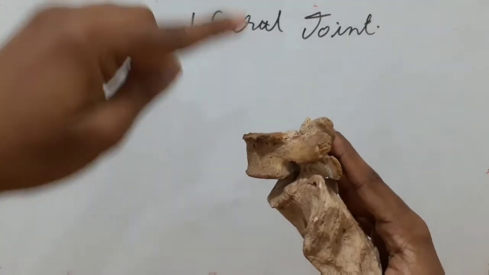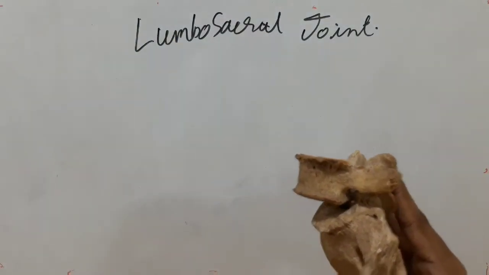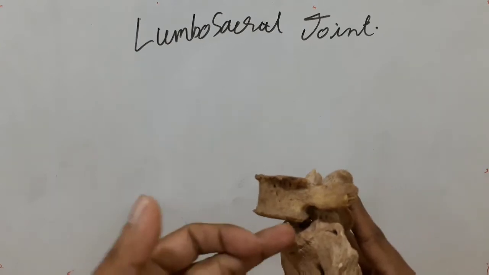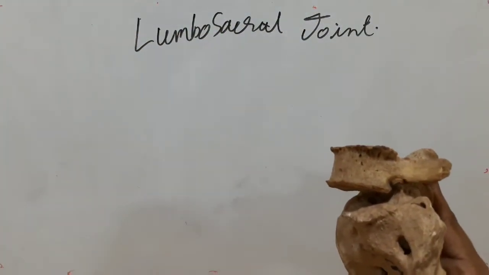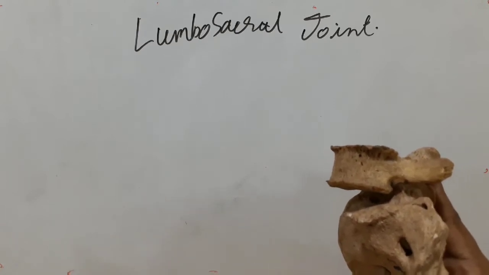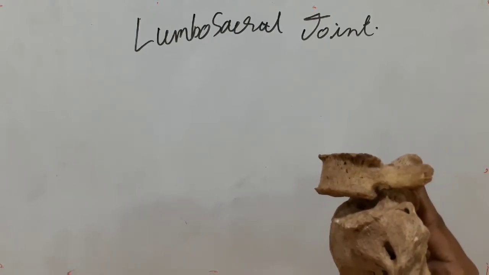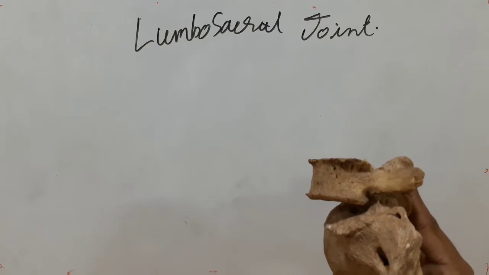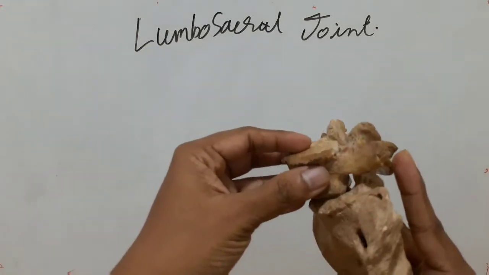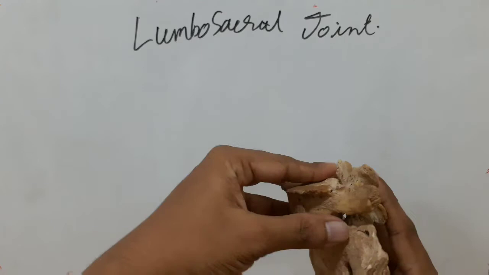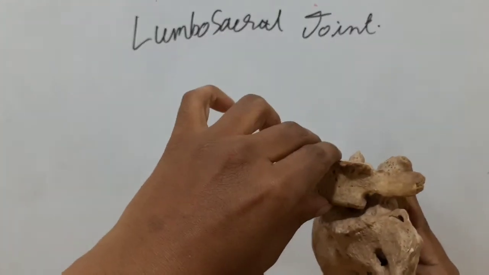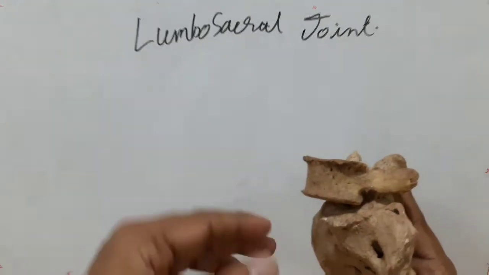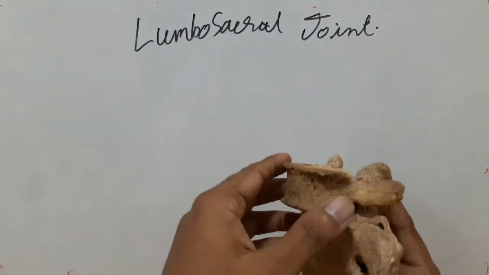We have discussed all the lumbar vertebrae, the 5 lumbar vertebrae. This is a part of the lumbar spine only, but still it's better you know this terminology in case it is necessary. So nothing different, the joint formed by the sacrum and the L5 lumbar vertebra is nothing but the lumbosacral joint.